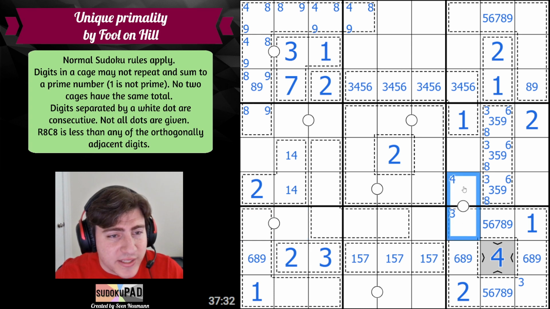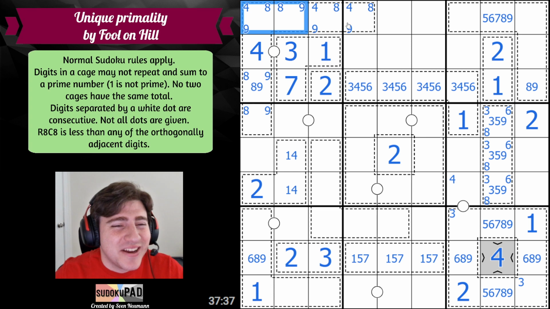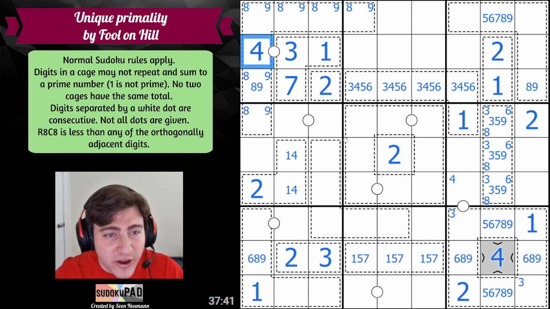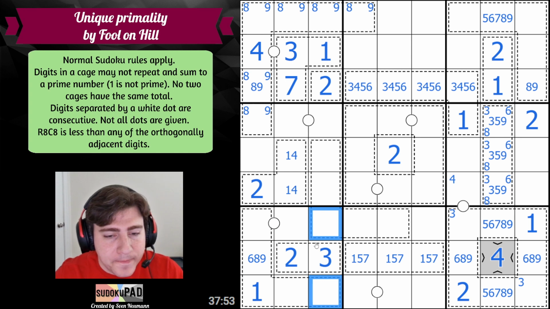I've only used this consecutive dot here. Okay, wow. I've only used this consecutive dot here and then realize immediately that this consecutive dot is 100% usable. 4 tells us that 4 has to go here or here.